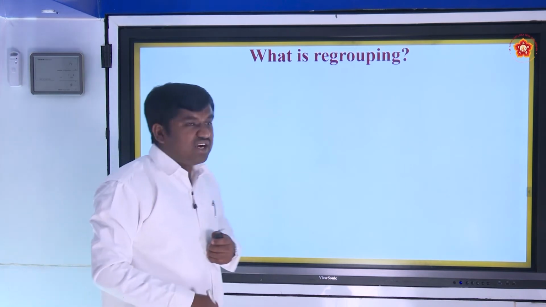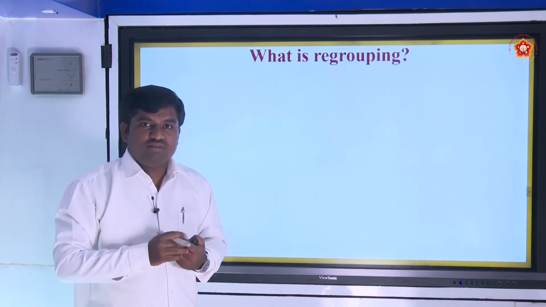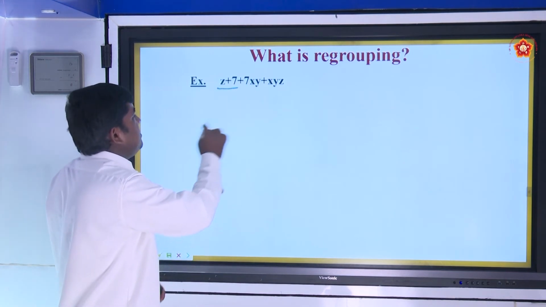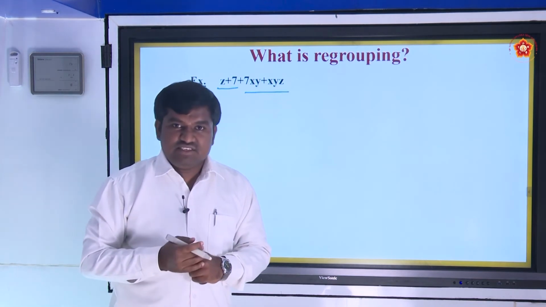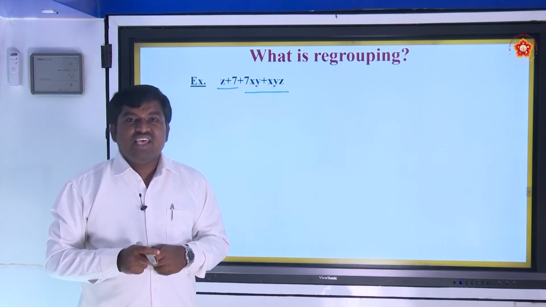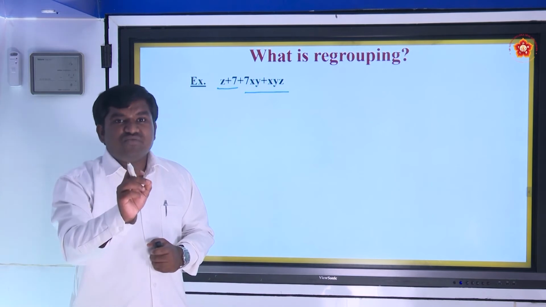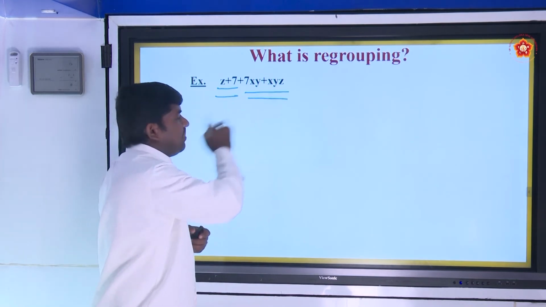Next one. What is regrouping? What does it mean? Observe this: z plus 7 plus 7xy plus xyz. Compare this with the previous problem. In the previous problem, we had a common factor in the first two terms and in the next two terms.